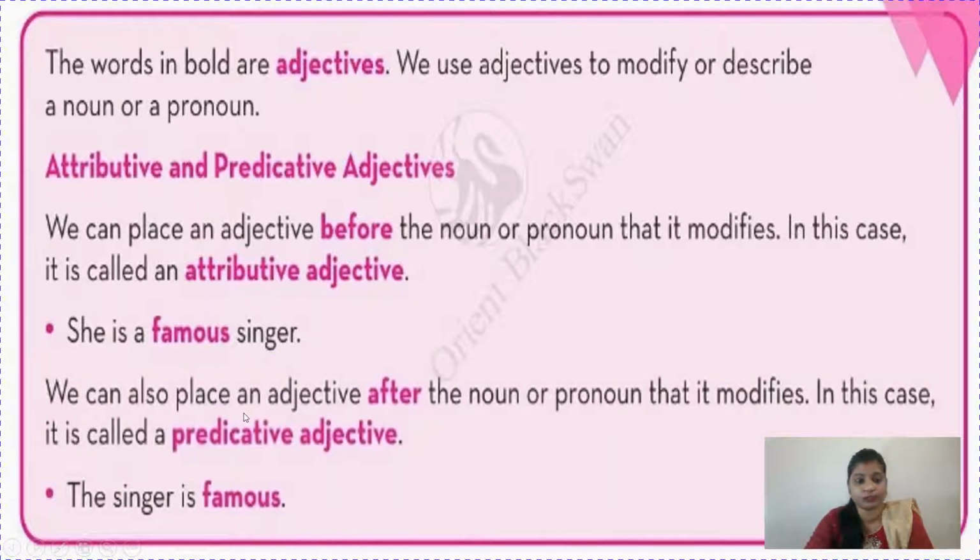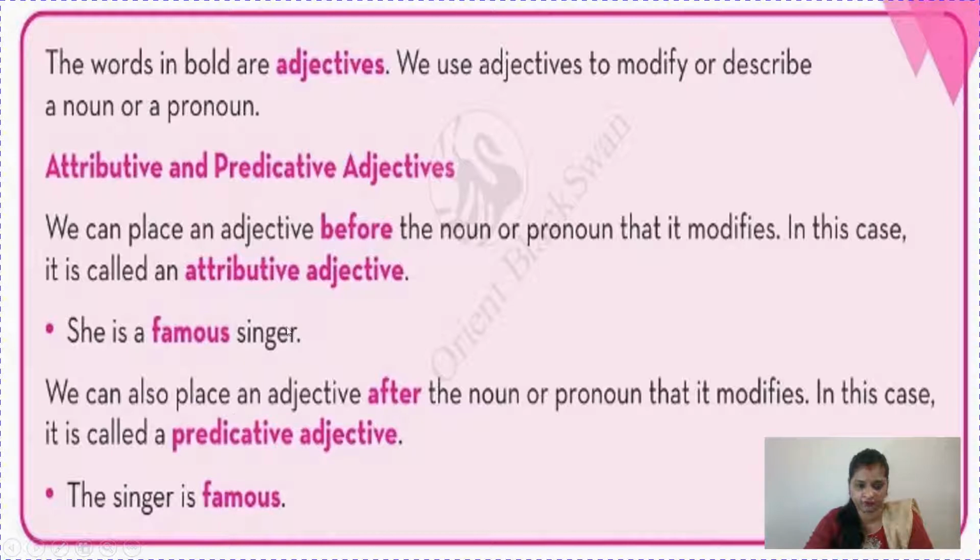But we can also place an adjective after the noun or pronoun that it modifies. In this case, it is called a predicative adjective. Suppose we are writing, the singer is famous. See children, both the sentences are correct and they are giving the same meaning also. But the way of writing is different. She is a famous singer, so famous is placed before the noun. The singer is famous, famous is placed after the noun.